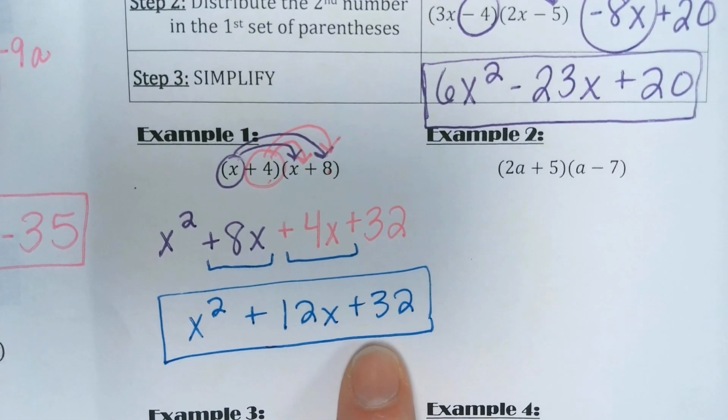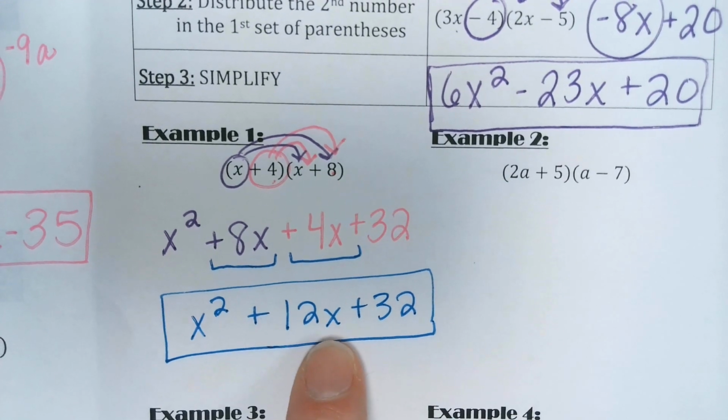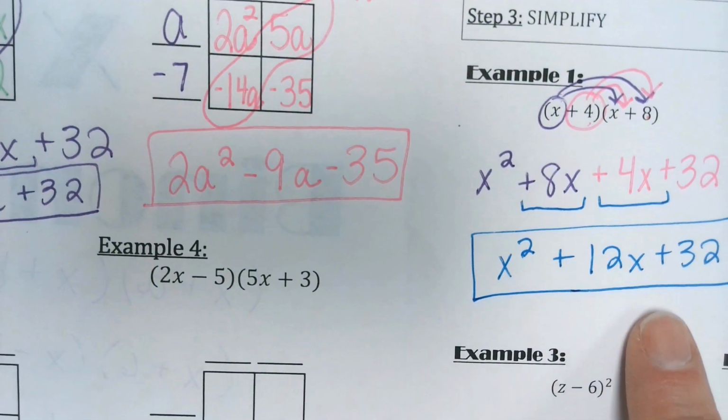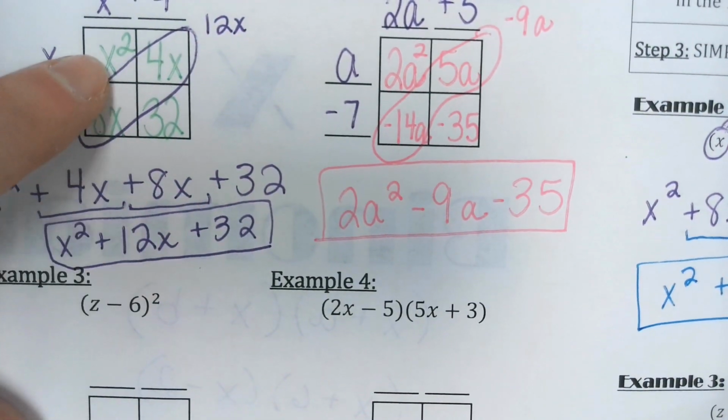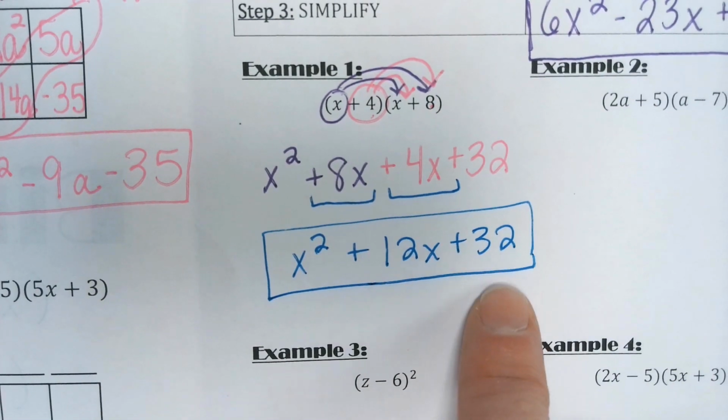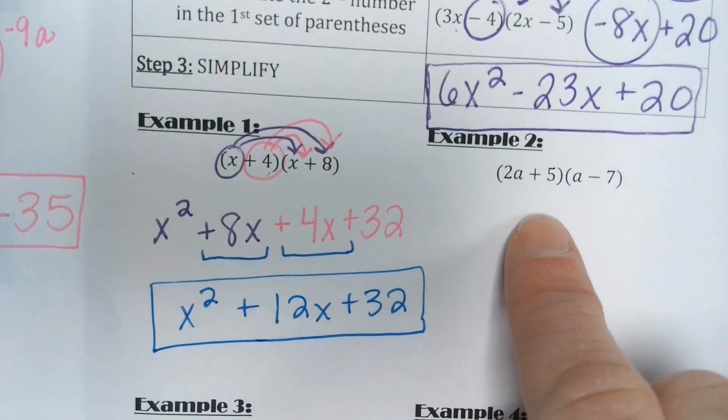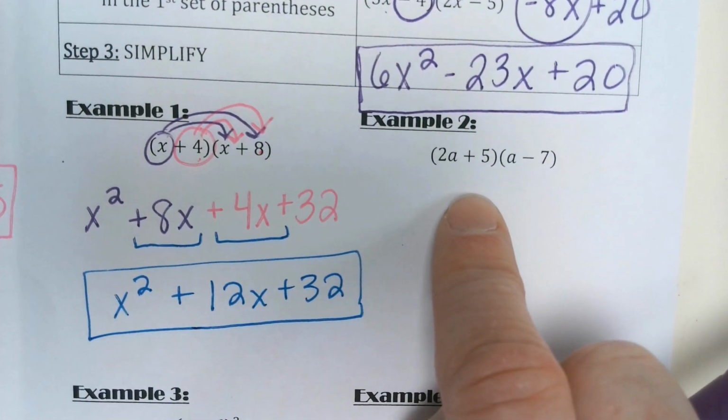And what you'll notice is example 1 on box and example 1 on double distribute are the same problem. You'll see that? These two are the exact same problem. Just we did box method here and we did double distribute here. Let's go to example 2.